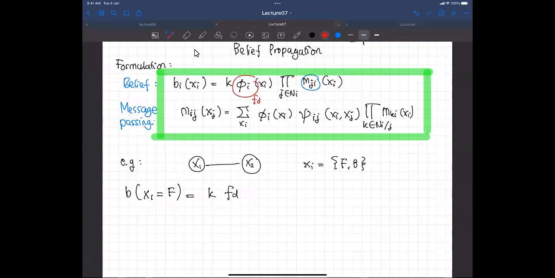So for our case, f_t of x1 equal to f and t1. We previously defined f_t, although in our case we try to minimize. So if you want to do the minimization, then you have to choose the smaller belief. Because f_t was meant for minimization, we have to choose the smaller belief.